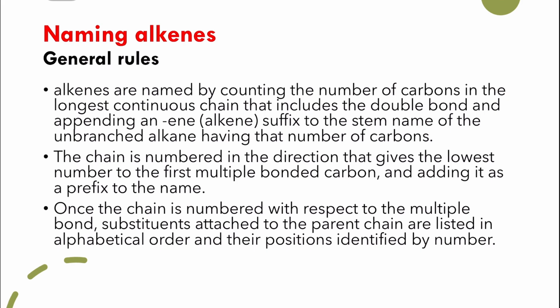So let's have an example to see exactly how to do this. This is an alkene, as you see here, because we have a double bond. Where would the longest chain be? Let's count and see. I'm going to include the double bond in my chain, and the longest chain goes 1, 2, 3, 4, 5, 6, 7.